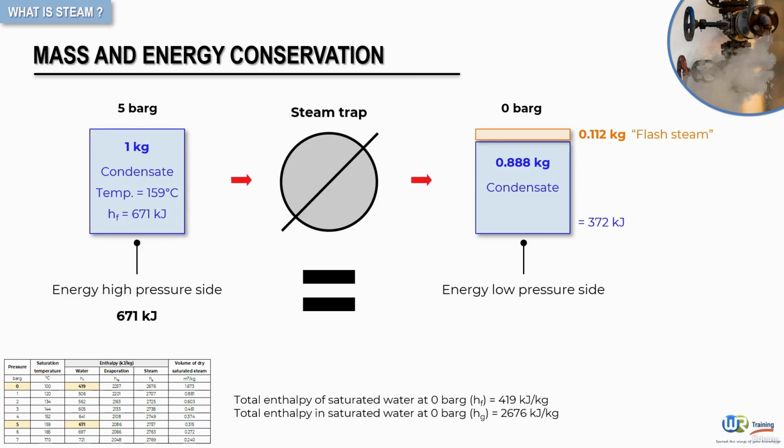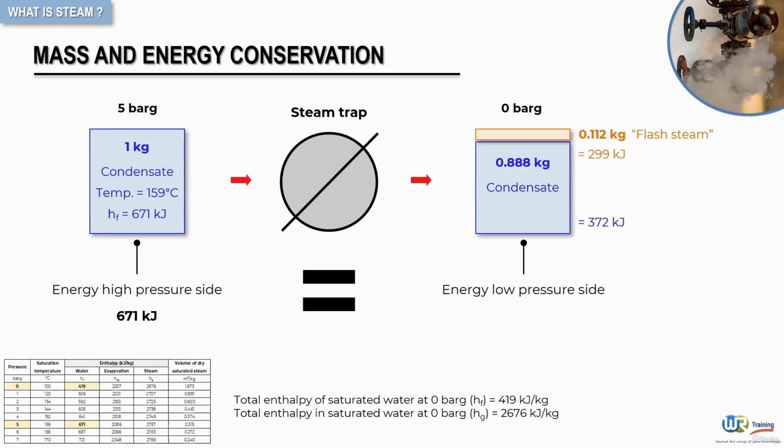The total enthalpy in the flash steam is equal to the mass of flash steam times the total enthalpy in saturated steam, so 0.112 kg times 2675 kJ per kilogram. That is 299 kJ.